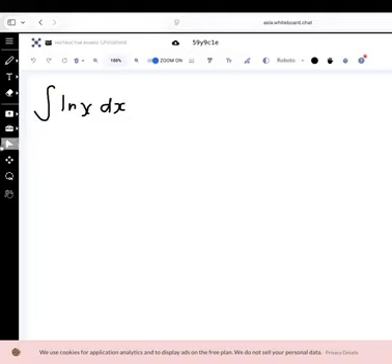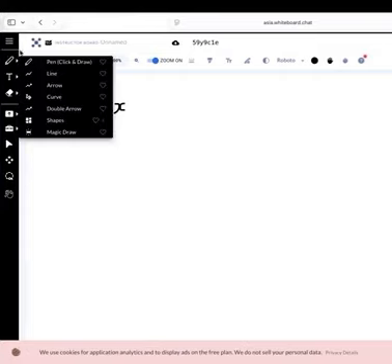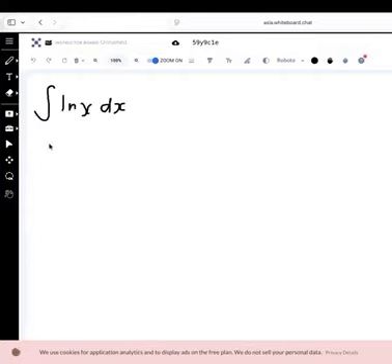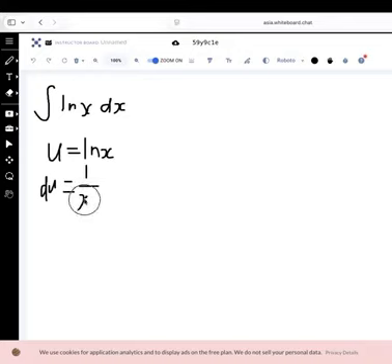Let me show you. So, as always, we'll set u equal to ln x, and so our du will be equal to 1 over x dx.